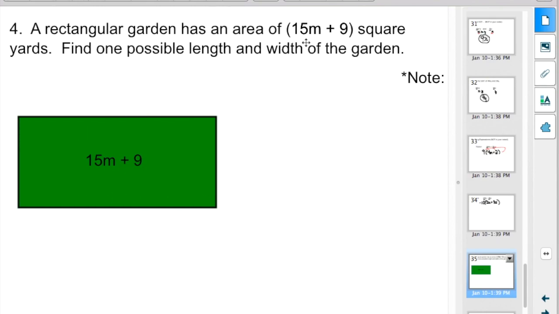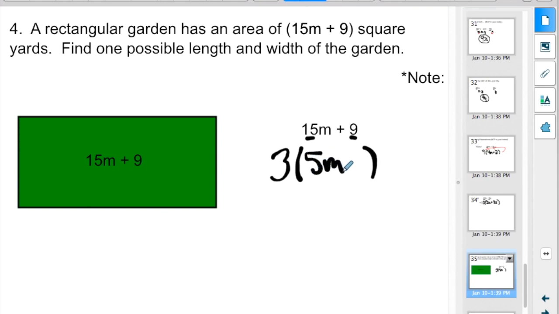What we can do is we can take this 15m plus 9 and we can find the GCF. Okay, so 15m plus 9, 15 and 9 is where I'm going to start. I know that I can divide a 3 out of both of those as my GCF. 15m divided by 3 is 5m.